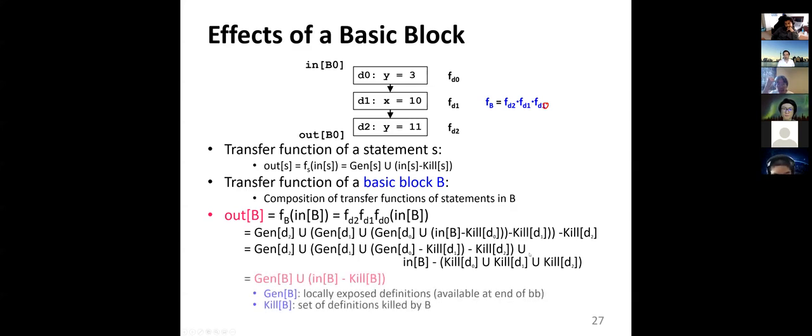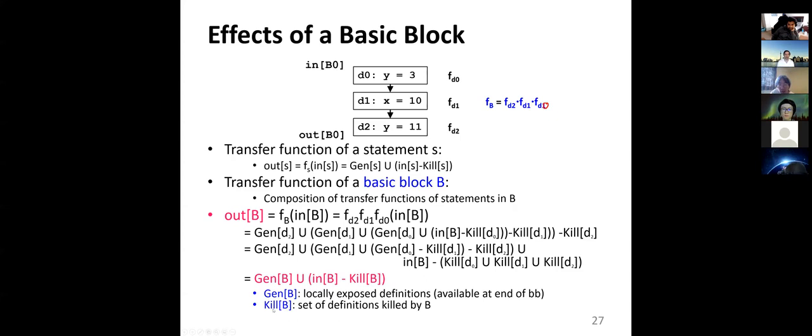And at the end, it just becomes GEN B, which is locally exposed definitions. So GEN B is all the definitions that reach the end of the basic block. So you see each step you add a GEN, so every locally exposed definition is available at the end of the basic block, right?